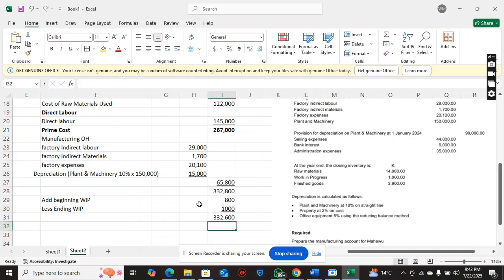The other way you'd have done it, you'd have put 800 here, then here less 1,000, you get a negative 200. Then you add this 332 plus this negative 200, and you still get this one. Two ways to do it, right?